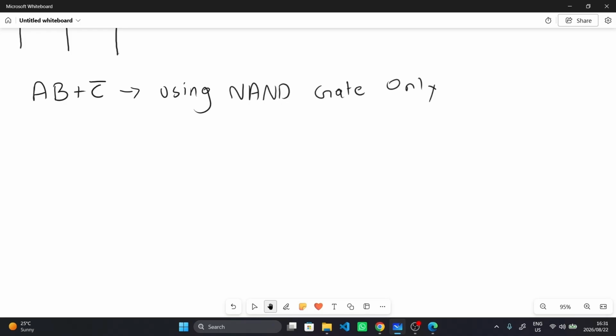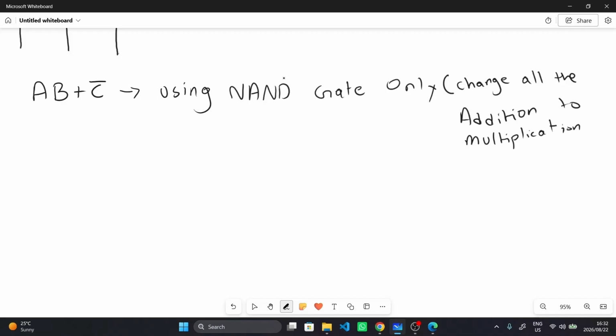So how are we going to do that? So that means NAND gate only. So that means we will have to do something here, right? In NAND gate only, that means you must change all the addition to multiplication, right?